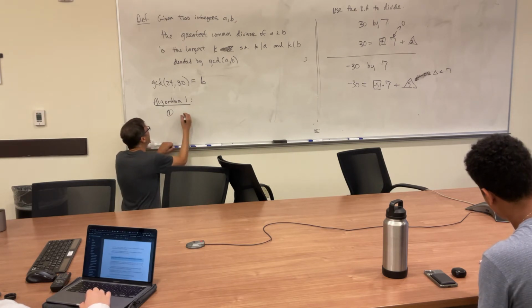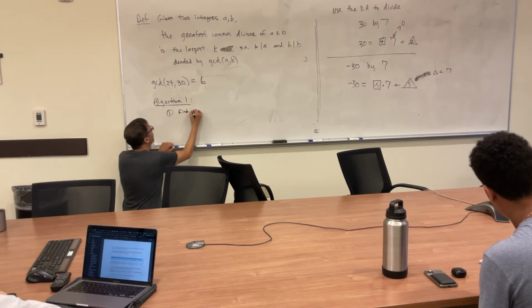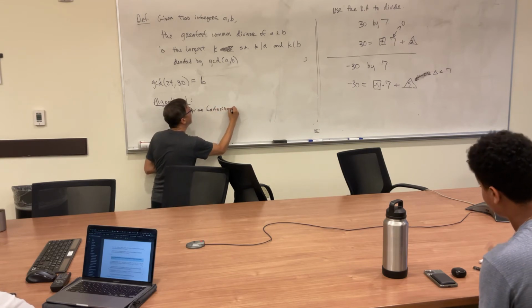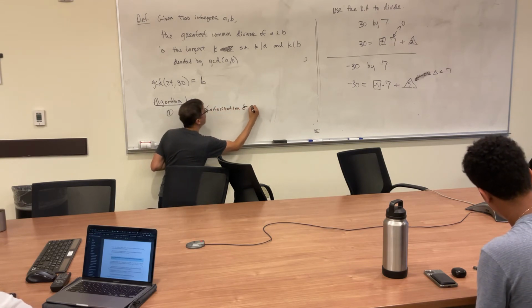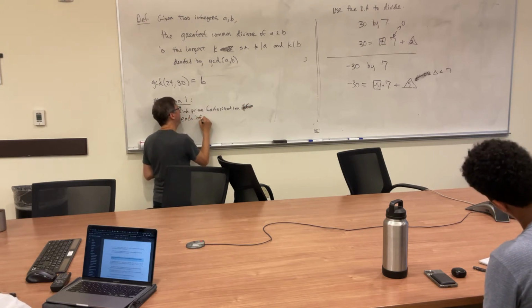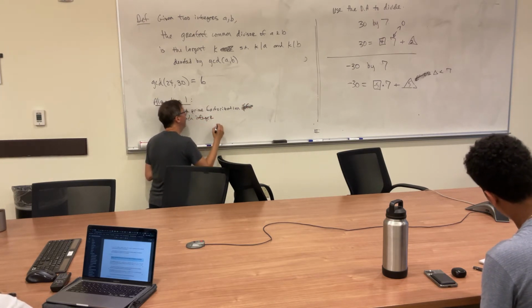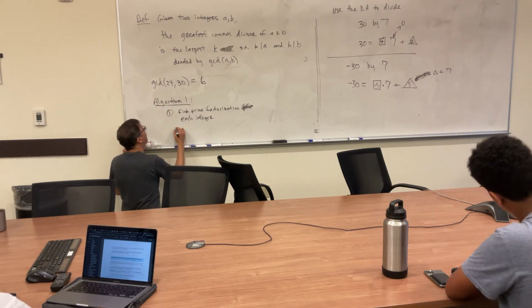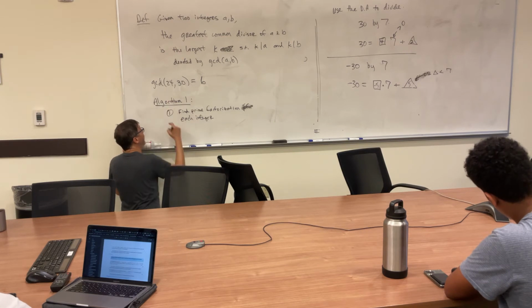So algorithm 1 is find the prime factorization of each integer. And so it's probably easier to do this with just a specific example.